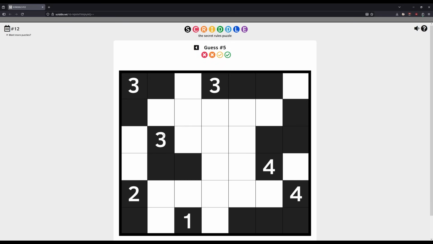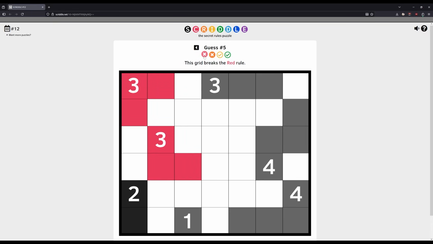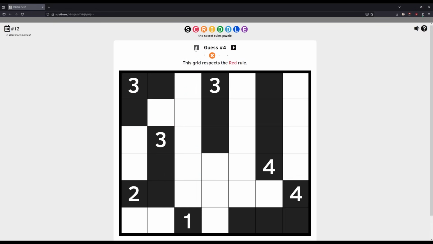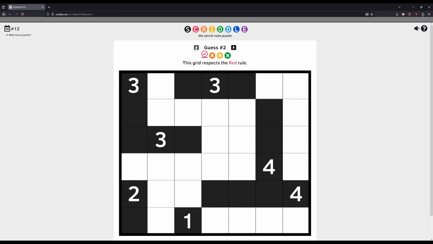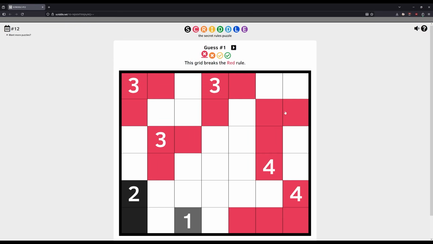Because this shape here is technically the same as this shape here, just rotated. And I'm now wondering if the red rule is actually to do with that. So if we look at where we broke it before, it's telling us that this is not the same shape. These are the same shape, but this one is not.